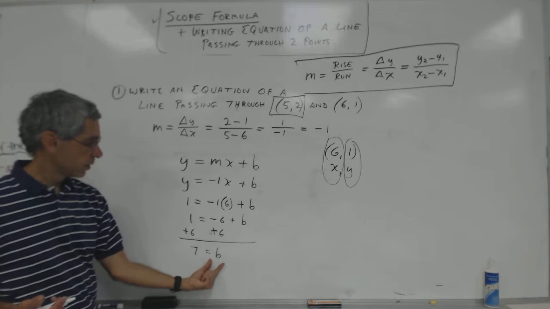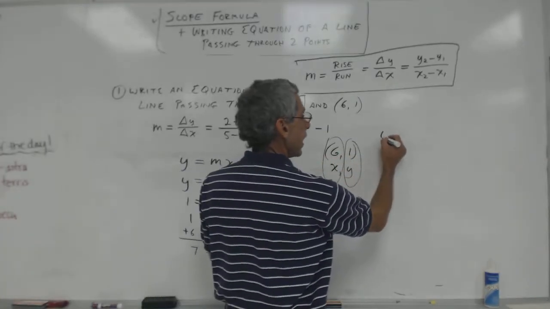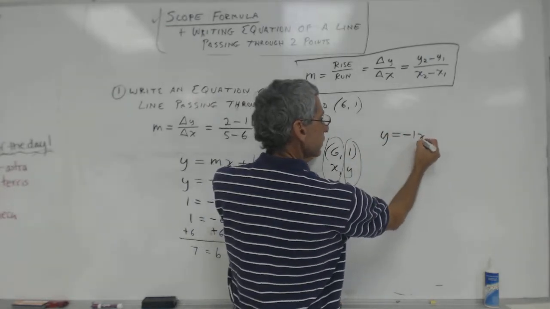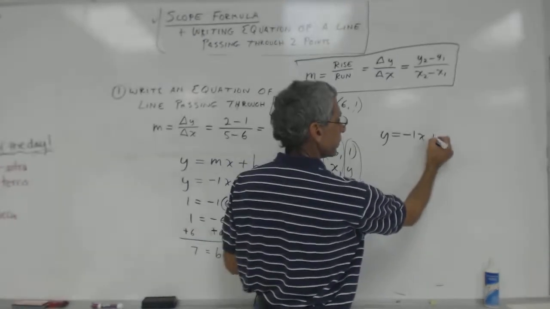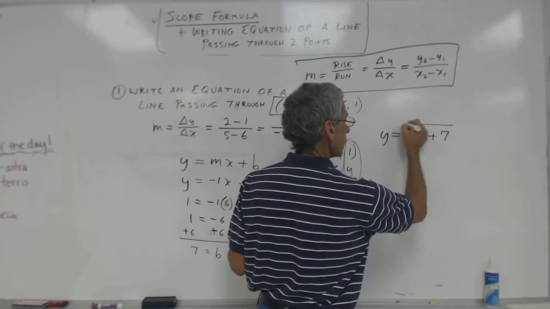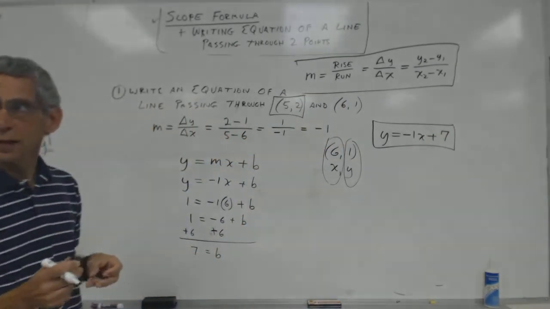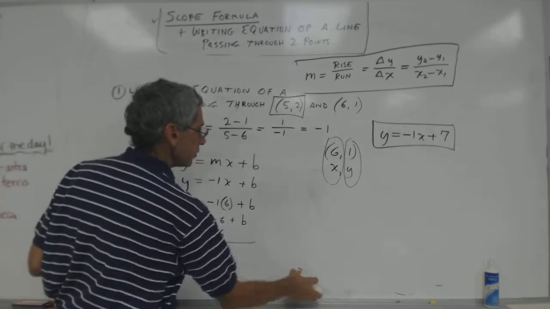So, y is equal to, our m is negative 1, x, and our b is positive 7. So I put plus 7. And that's my formula. That's my equation. Make sense? Right? All right, let's try to do one more.